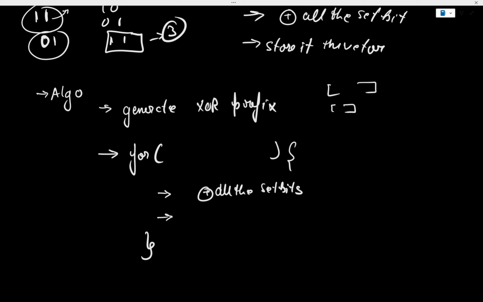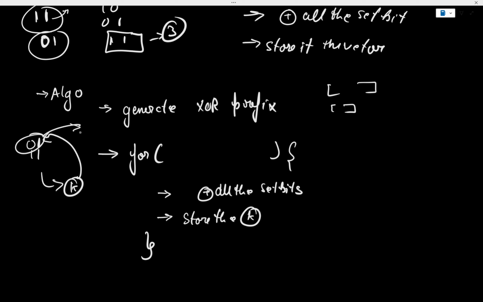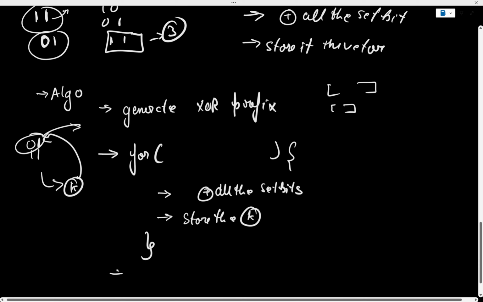And every time we'll just store that k we get, because I showed you, if you have such a thing, you will get something. That something is k, and if you XOR it with this, you will get that maximum XOR. So very basic thing, very basic. This is what we will do.